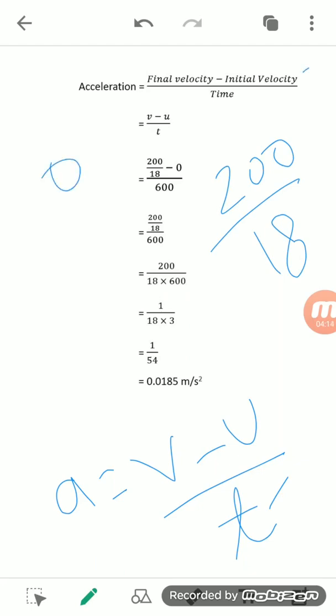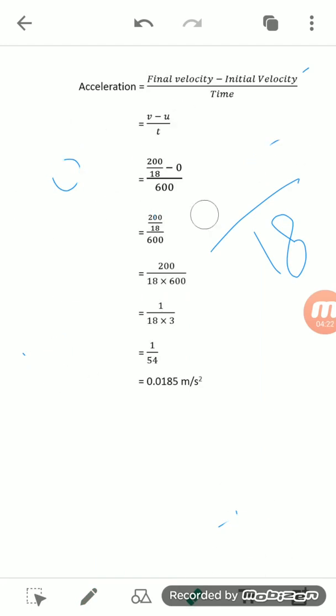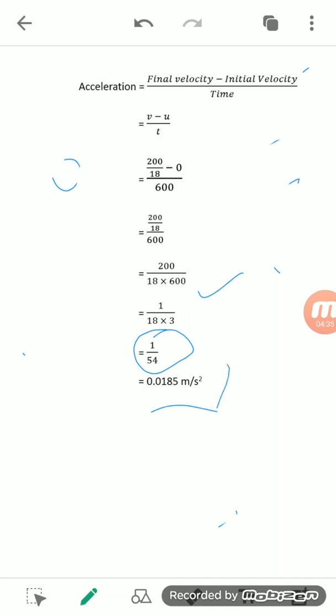So 200 by 18 minus 0 upon 600, because 10 minutes is converted into seconds. So we get 200 by 18 into 600, which is equal to 1 by 54 or 0.0185 meter per second square. This is the value of the acceleration of the body.